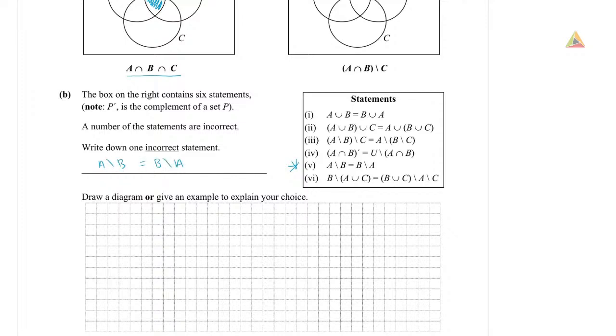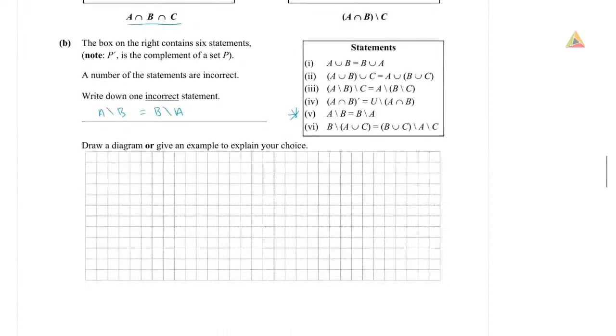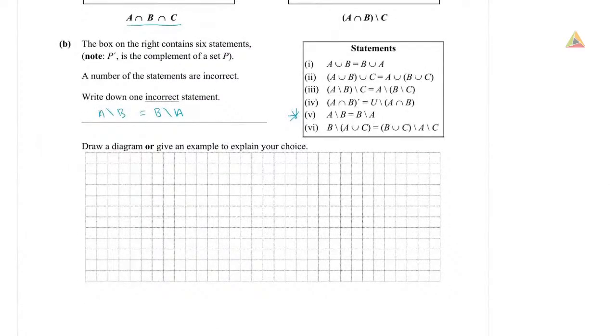So that is not correct, and we're going to draw a diagram here or give an example to explain the choice. So I'm just going to draw a simple diagram, and I'm going to call this A and call this B. I'm going to put the numbers 2 and 4 in A, and I'm going to put the numbers 6 and 8 in B. I'm going to put the number 3 in the middle.